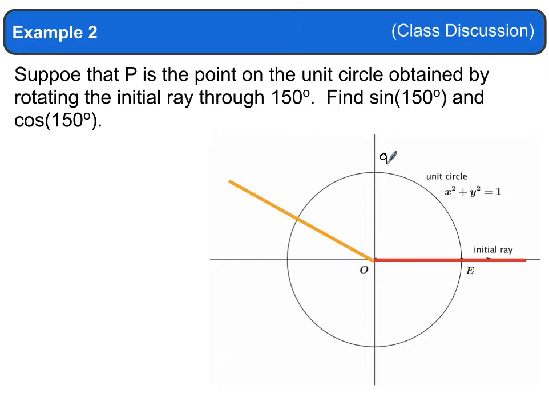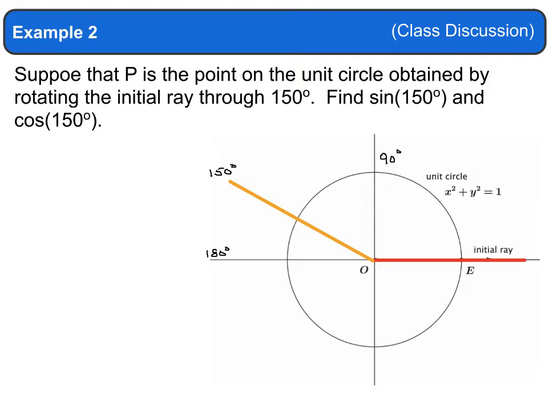This is where 90 degrees was at. This is where 180 degrees would be at. And so this would represent 150 degrees. So what do we know about this? This is going to introduce something called a reference angle. We have only two special right triangles, a 30, 60, 90 and a 45, 45, 90.